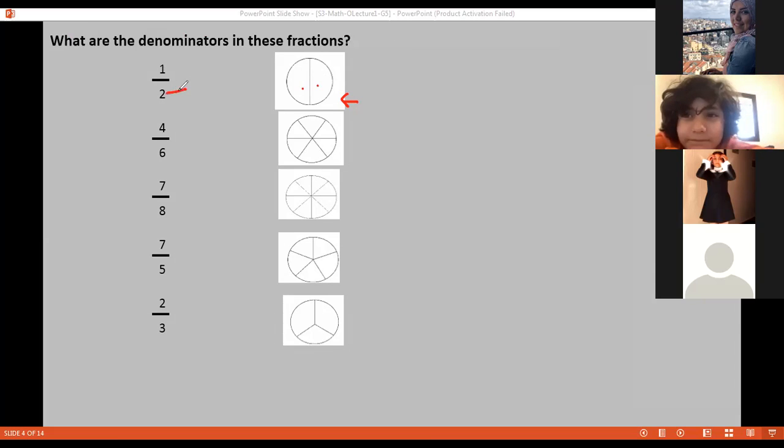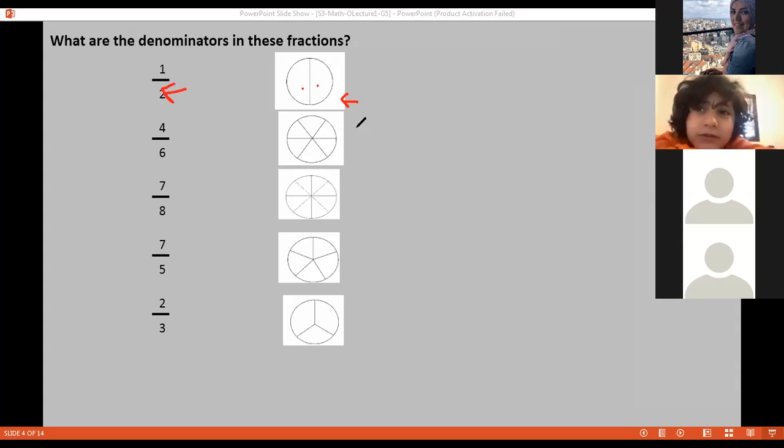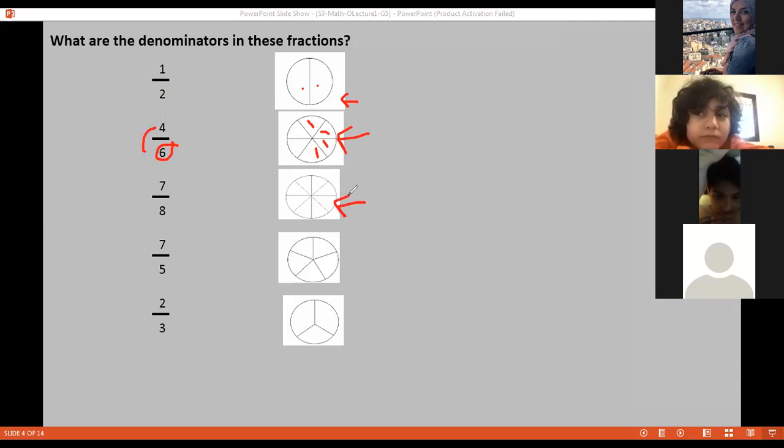So the denominator is 2. Now the second one, into how many parts? 6. That's why the denominator is 6. For example, if they asked us to color 4 out of 6, this is 1, 2, 3, 4. So 4 parts out of 6. Now what about this? 8. So the denominator is 8. Now this part, 5. The denominator is 5.